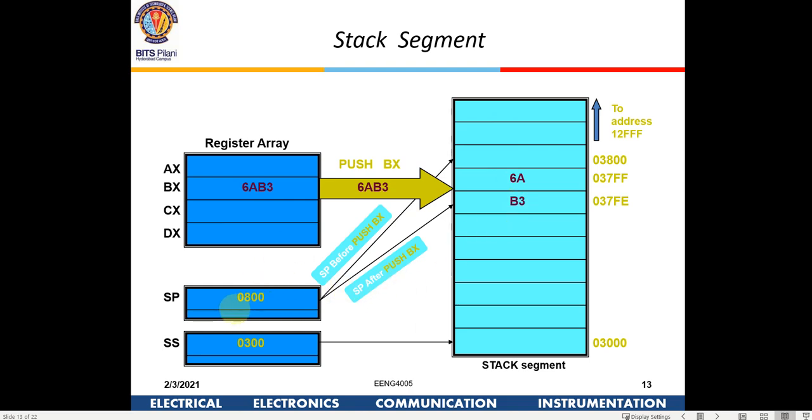So the SP counter also keeps moving. In fact, here it decreases automatically with each data. You keep pushing data, and it keeps decreasing automatically. With the push and pop commands, you can push in data and take out data.